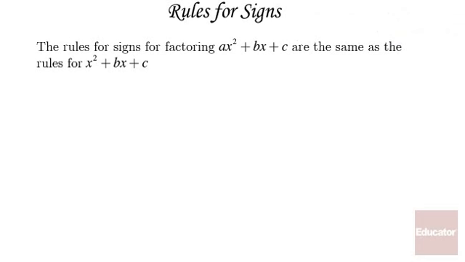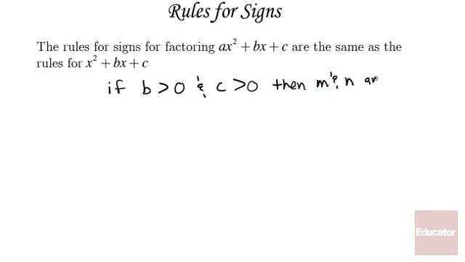Okay, the rules for signs. The rules for signs for trinomials with a leading coefficient other than 1 are the same as the rules for trinomials with a leading coefficient of 1. So if you recall those rules, it says that if b is greater than 0 and c is greater than 0, then m and n are both positive.